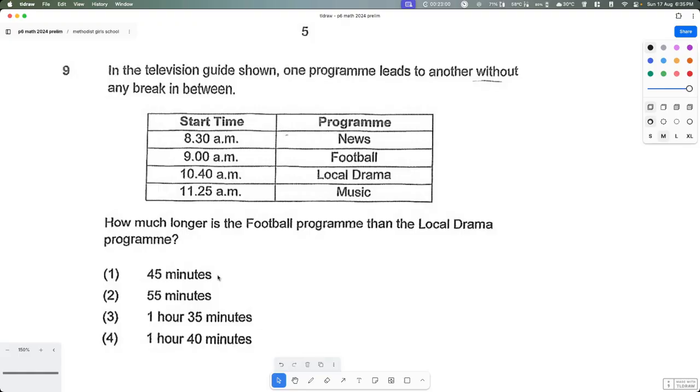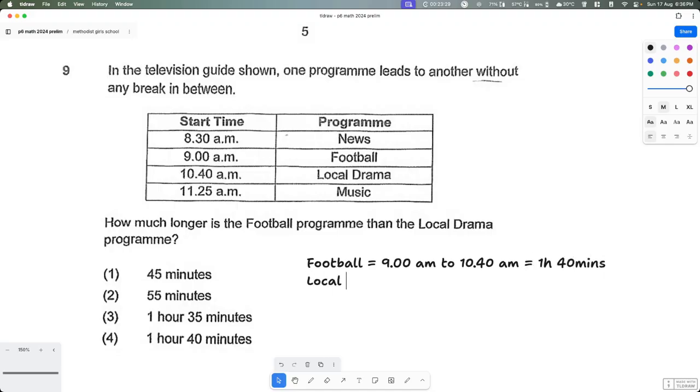Question number 9. In the television guide shown, one program leads to another without any break in between. How much longer is the football program than the local drama? So football starts at 9.00 a.m. to 10.40 a.m., which is equal to 1 hour 40 minutes.